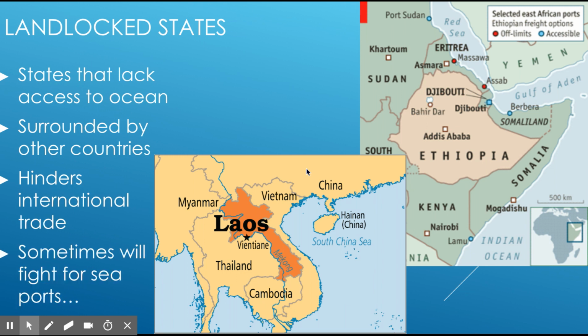It hinders international trade. It really causes a lot of issues. You're going to be always fighting other countries for access to that ocean. You're going to be constantly in battle with trade, because why would I trade with Ethiopia if I could trade with Somalia, and they're so much easier to get to?